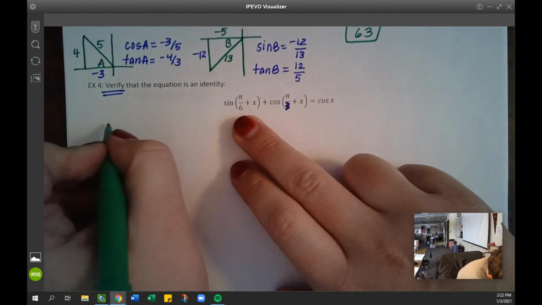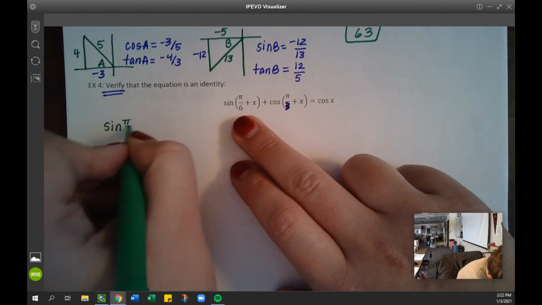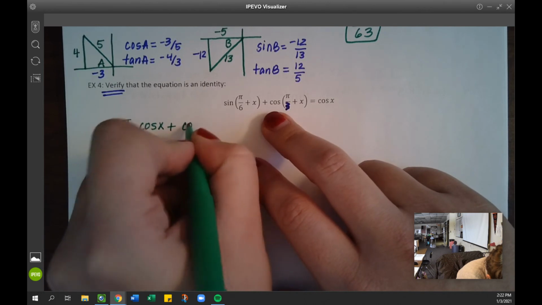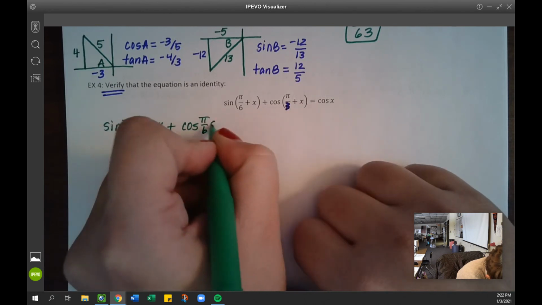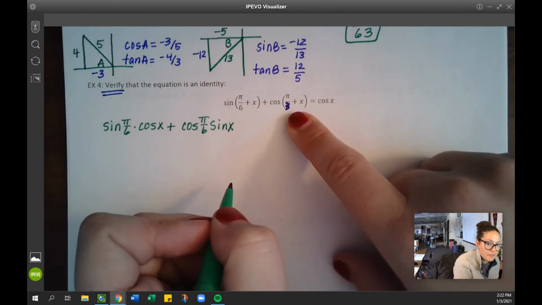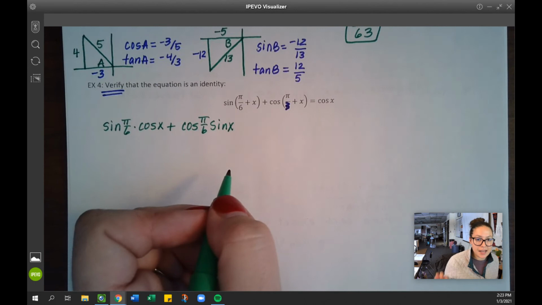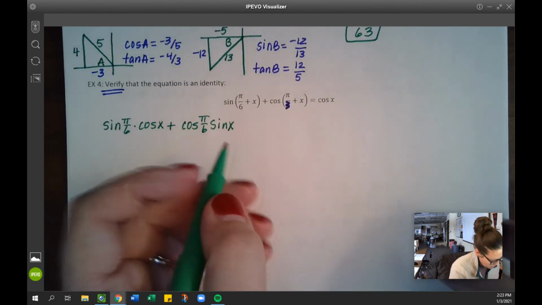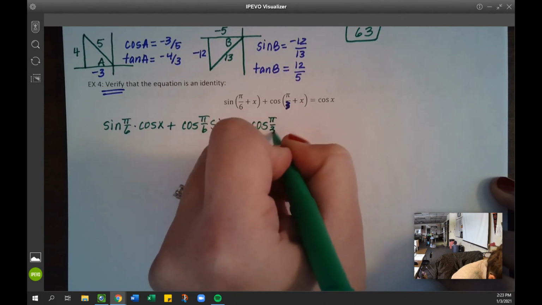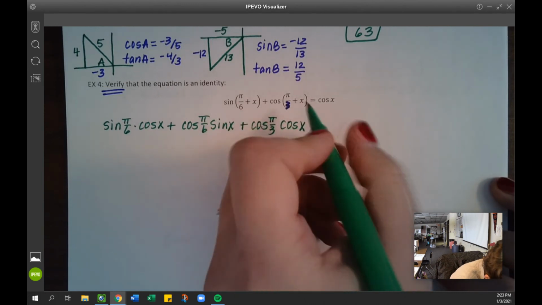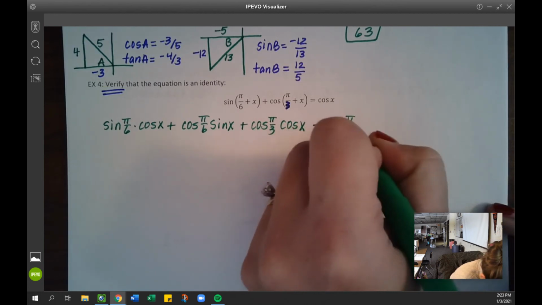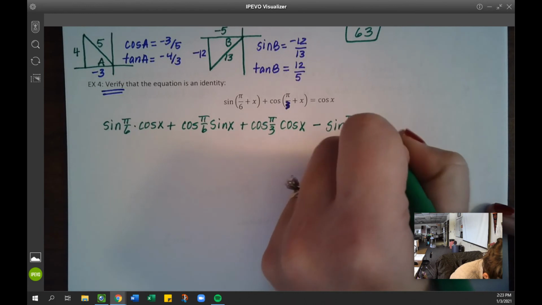This is going to be sine pi over 6 times cosine x plus cosine pi over 6 sine x. Then the cosine identity, remember, goes cosine, cosine, sine, sine, but it's going to be a minus. So we're going to have cosine pi over 3 cosine x minus sine pi over 3 sine x.